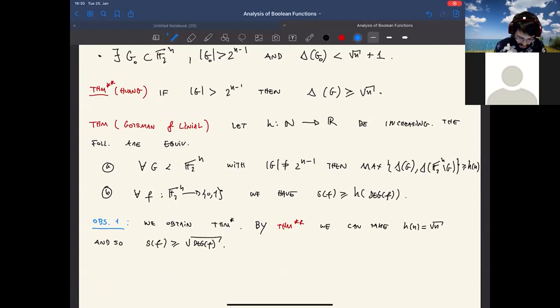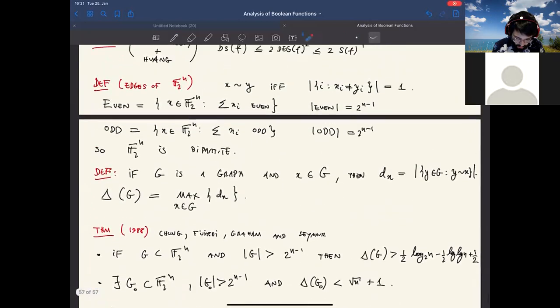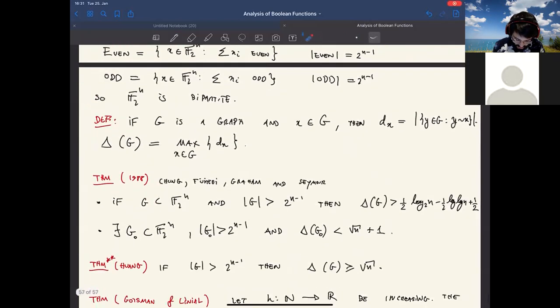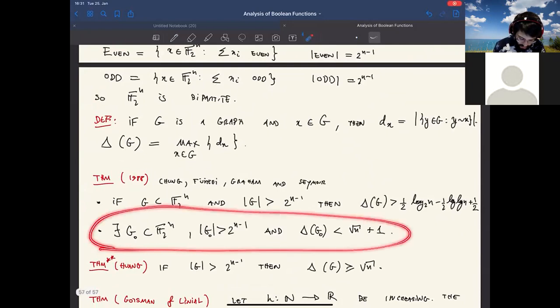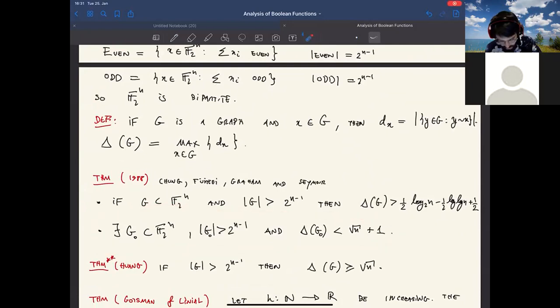Okay. And the second observation is that theorem star is sharp. And why sharp? Because, well, we just said it, by the Chung, Füredi, Graham, and Seymour result, they constructed such a graph.